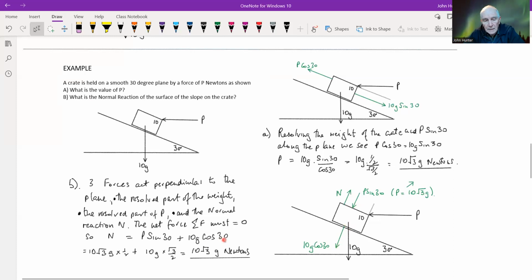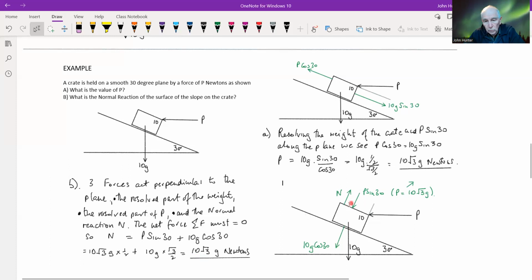Again, we know what P is because we calculated it up here, so we can substitute that in. That gives us this. You can pause and satisfy yourself of that if you wish, but take it from me, that evaluates to 10 root 3 g newtons. And again, if you need a numerical value, you can substitute your 9.8 or 9.81, whatever, into there.